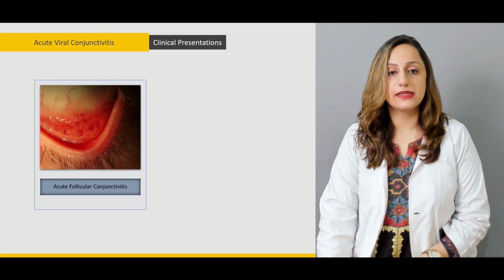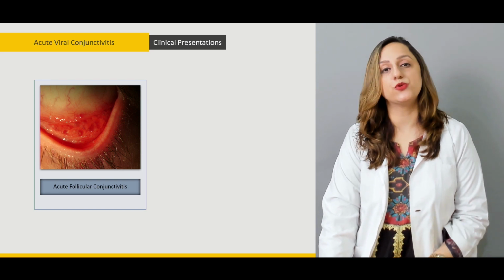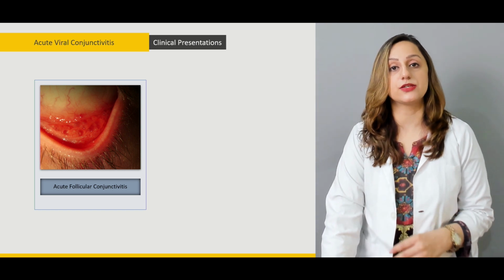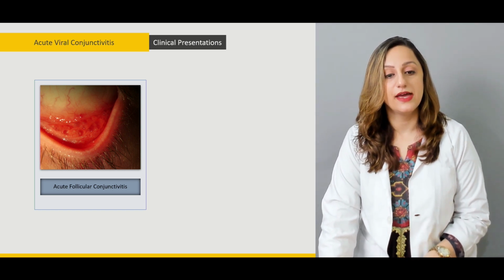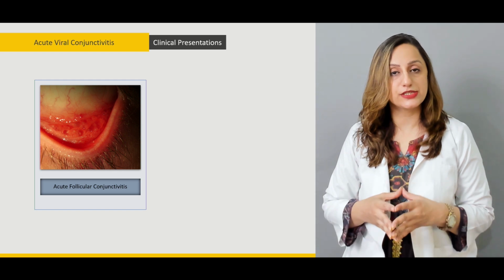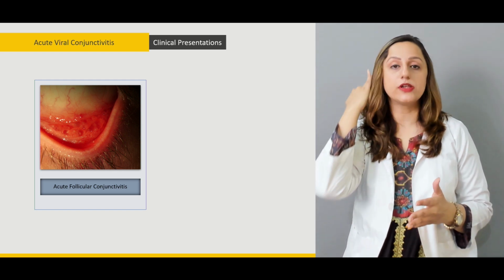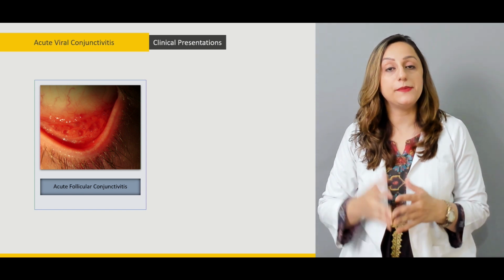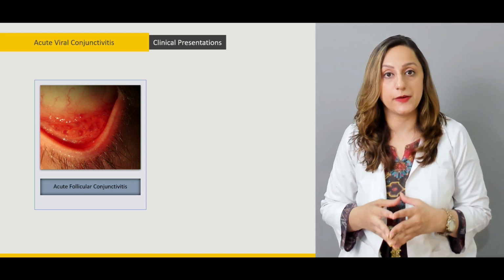Then obviously the two major modes of clinical presentation that usually occur in cases of viral conjunctivitis are, first, the acute follicular conjunctivitis. These follicles are more evident on the palpebral part of the conjunctiva.